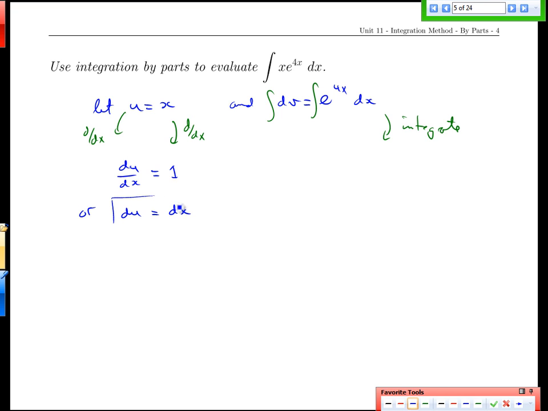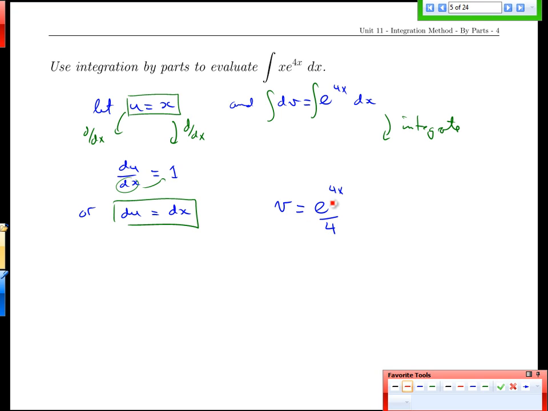So that's one of the pieces we need. So we just take the dx up, and we get that relationship. We're going to need u equals x, and the other one we're going to need, once we integrate this, if we integrate 1 with respect to v, we're going to get the variable v back, and then the integral of e to the 4x is e to the 4x over 4.